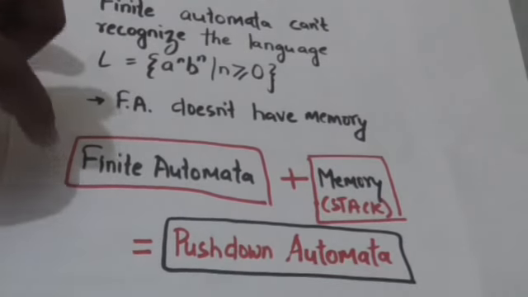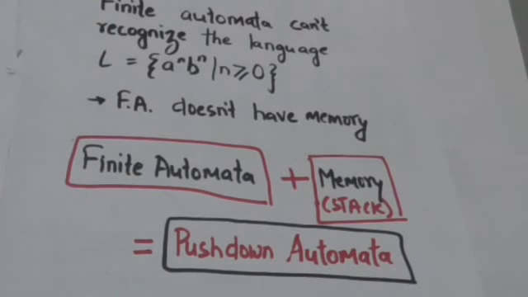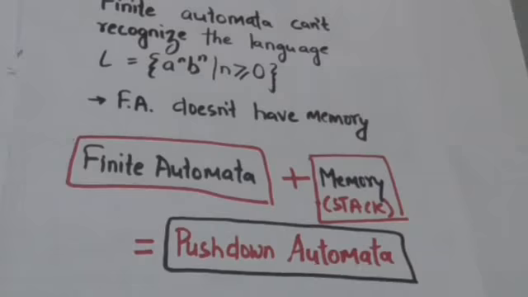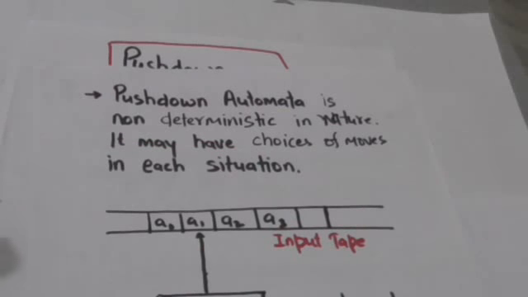Then it will be able to recognize such types of languages. So when we add a stack to a finite automata, we get a new machine that is called pushdown automata, right? See, pushdown automata is non-deterministic in nature.